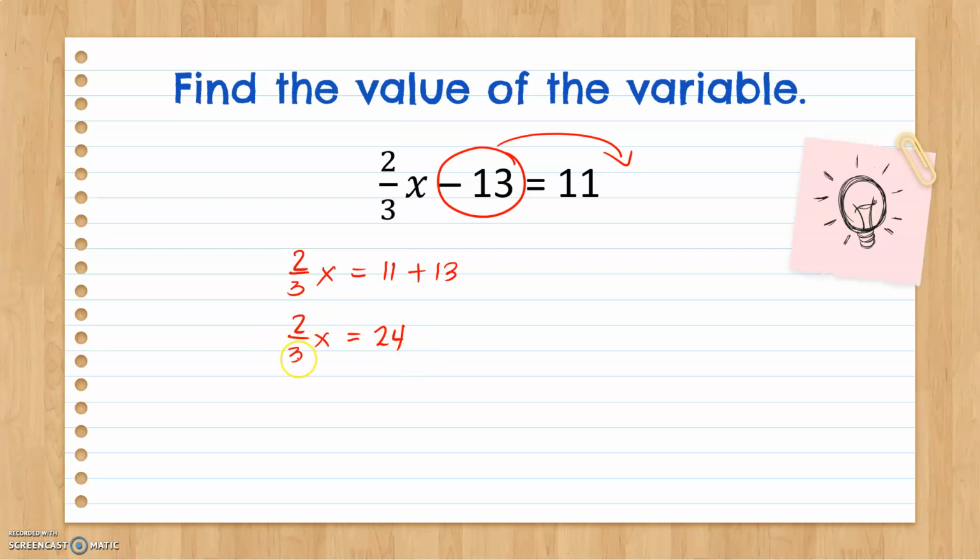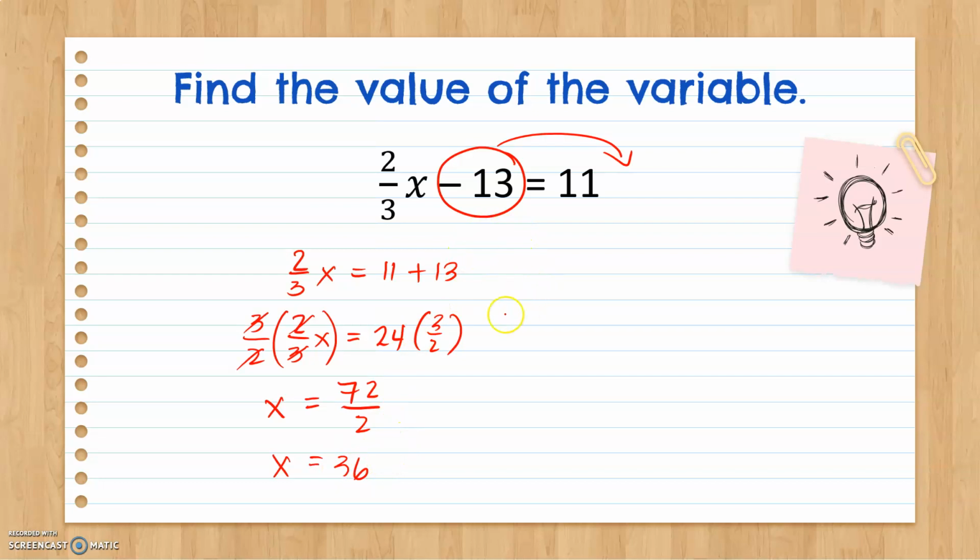Since we have here 2/3, we can multiply both sides by the multiplicative inverse of 2/3, which is 3/2. So this will be cancelled out. We'll be left with x, and 24 times 3 will give us 72 over 2. Therefore, x is equal to 36.